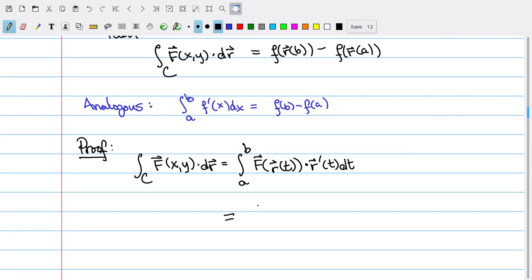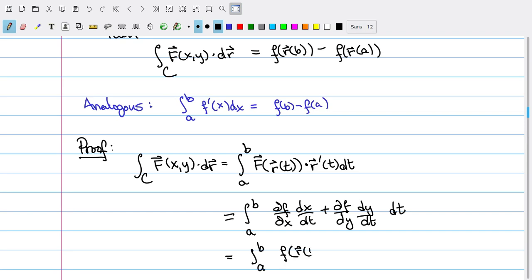But we can rewrite this as the integral from a to b of the sum of the partial derivative of f with respect to x times dx dt plus the partial derivative of f with respect to y times dy dt. And then by the chain rule, this is just the same thing as the integral from a to b of f of r of t, which is a function of just that single variable t, prime dt.